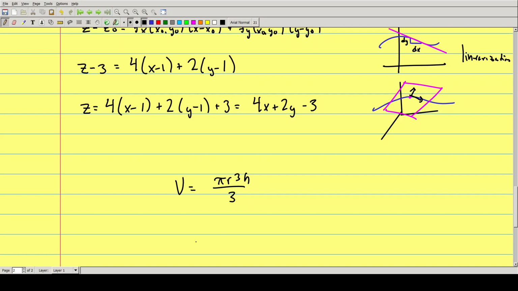For instance, you might be interested in how the volume changes as the radius changes, okay? Or how the volume changes as the height changes, okay? And obviously, since this is a multivariate function, it's going to depend on potentially what the other variable is doing as well, right? But you want to know how those scaling factors work.